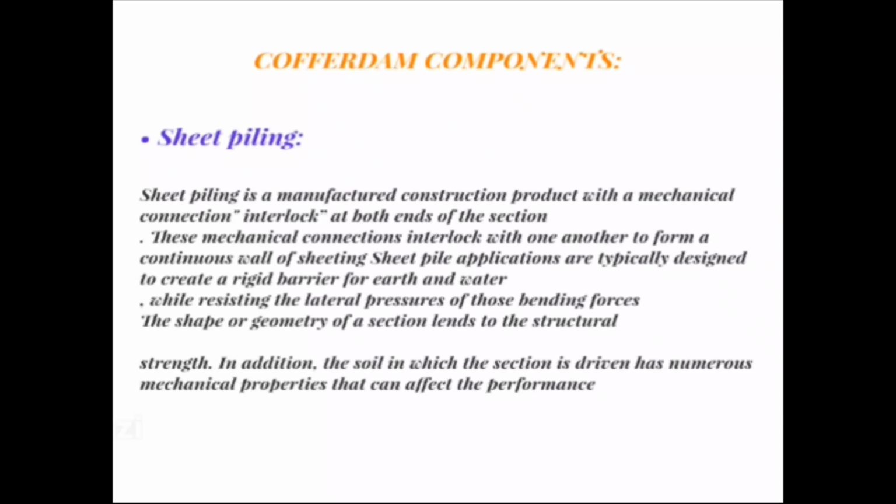Applications are typically designed to create a rigid barrier for earth and water, while resisting the lateral pressure and bending forces. The shape or geometry of a section lends to the structural strength. In addition, the soil in which the section is driven has numerous mechanical properties that can affect the performance.